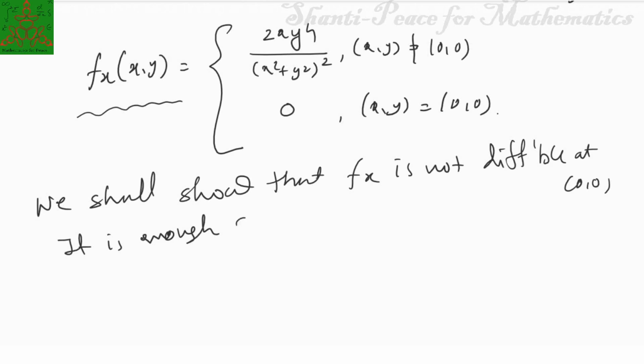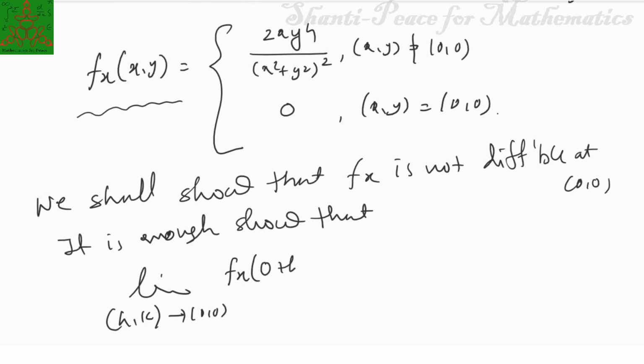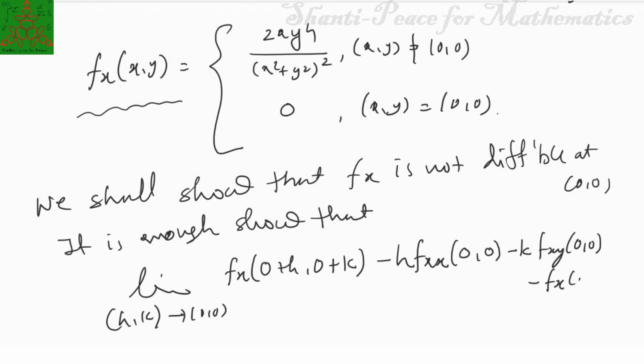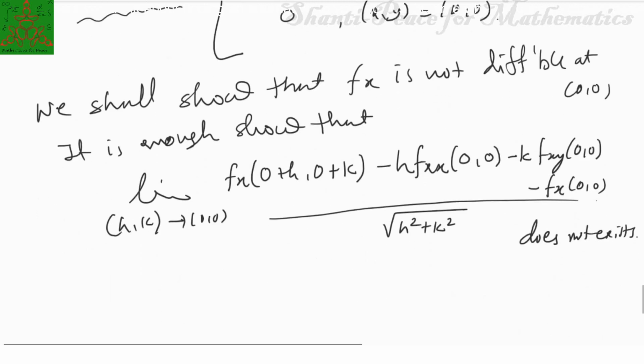It is enough to show that the limit as (h, k) tends to (0, 0) of f_x at (0 plus h, 0 plus k) minus h f_xx at (0, 0) minus k f_xy at (0, 0) minus f_x at (0, 0), upon the square root of h squared plus k squared, does not exist. We have to prove that this does not exist. This is by the necessary and sufficient condition for differentiability. Just recall the definition of a differentiable function. And now let us calculate this side.